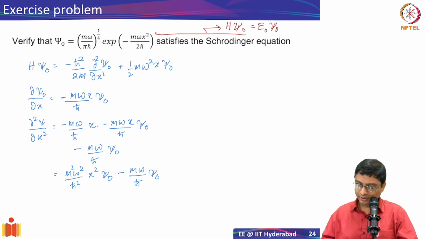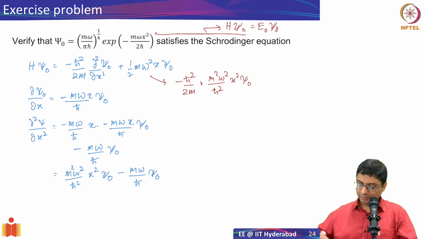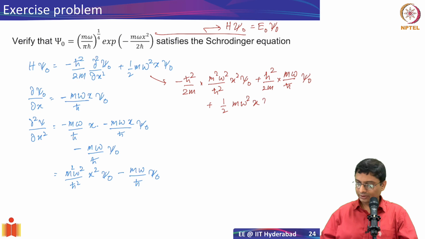If I now substitute this back here, this is going to be minus h cross square divided by 2m into m square omega square divided by h bar square x square psi naught, minus and minus plus h cross square by 2m into m omega by h bar psi naught, plus the third term coming from the potential, half m omega square x square psi naught.